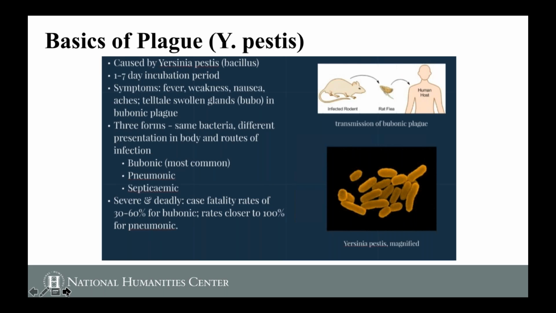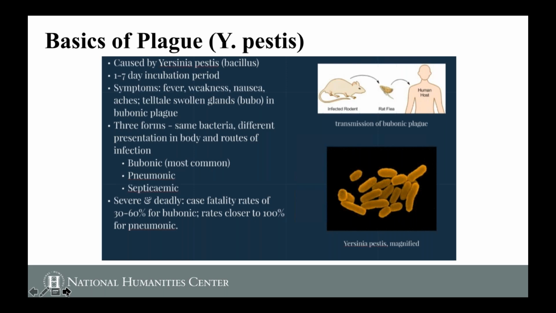So when I teach the history of disease, because I'm kind of a science and medicine person as well as a historian, I always start out with basics of transmission. So plague is important for our story because the early outbreaks of bubonic plague in the 14th century in Europe, what was later called the Black Death, give us the institution of quarantine. So just a quick primer on what we are talking about when we're talking about plague.